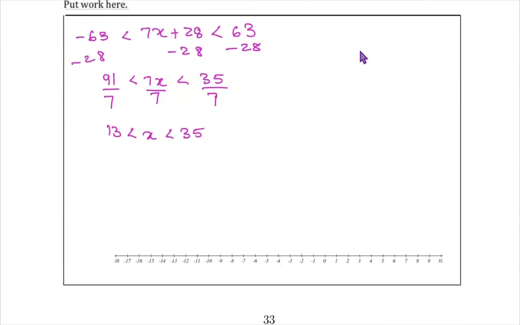Now, the set builder, x is by itself, so we can go ahead and give the solutions. Set builder will be the set of x such that negative 13 less than x less than, that's not 35, that should be 5, less than 5.